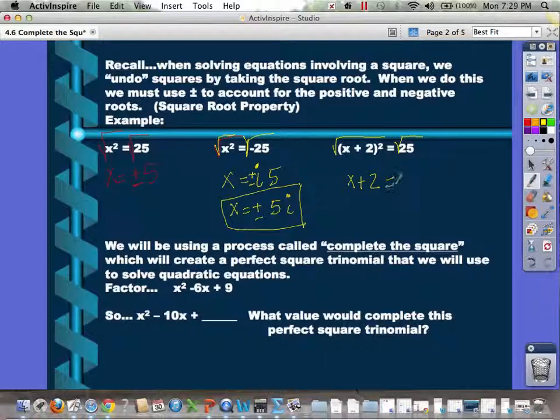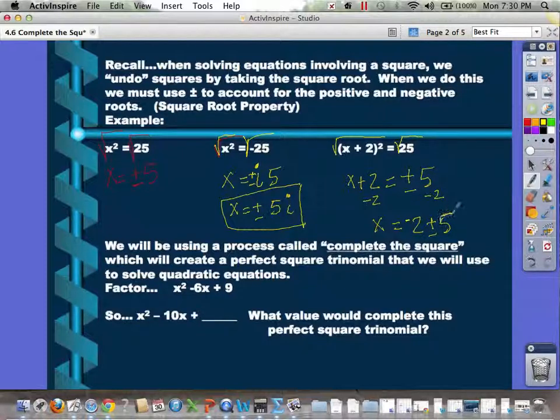That is equal to plus or minus, because we're taking the square root of a number, and that is going to be 5 over here. Then the last thing you do is solve for x, so you subtract 2. Subtract 2 again, so x is equal to negative 2 plus or minus 5.